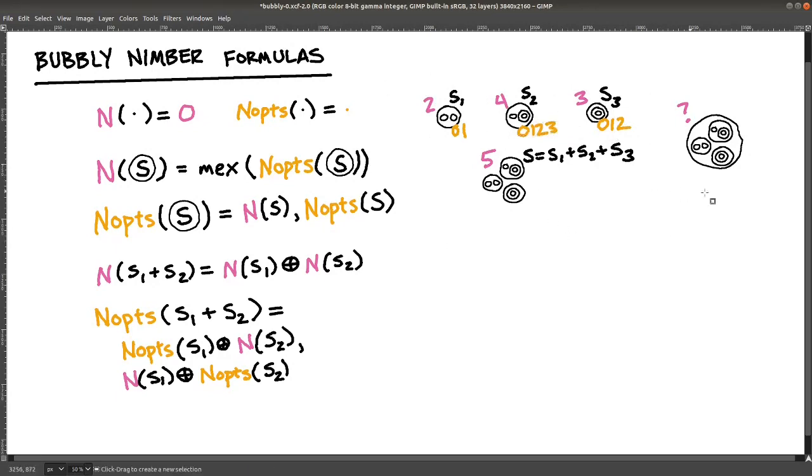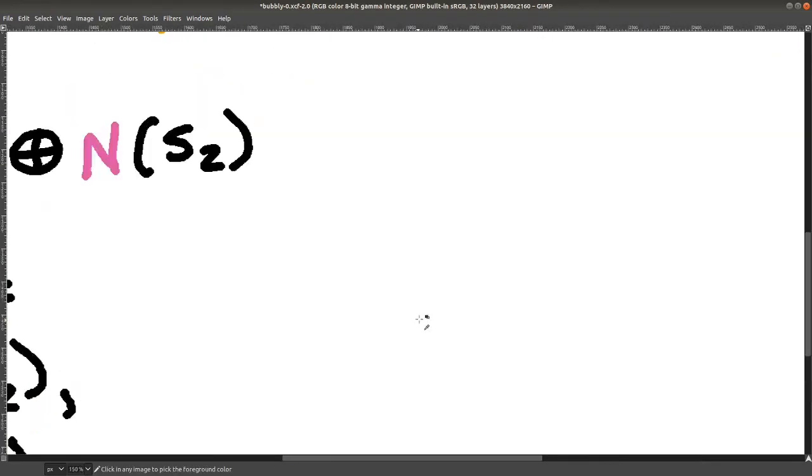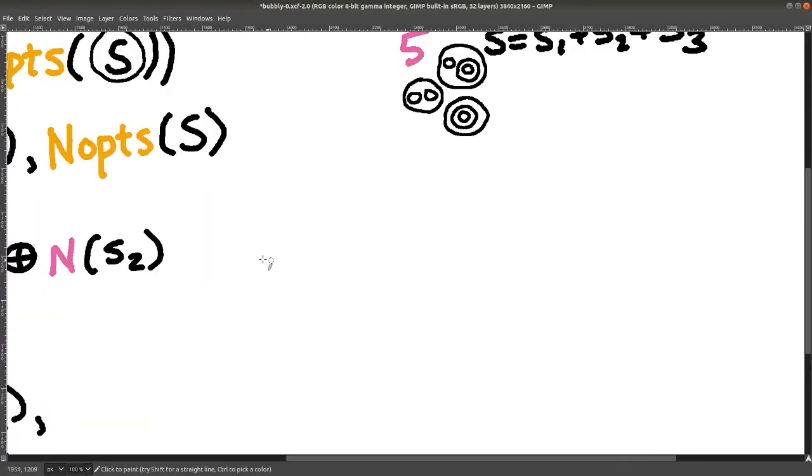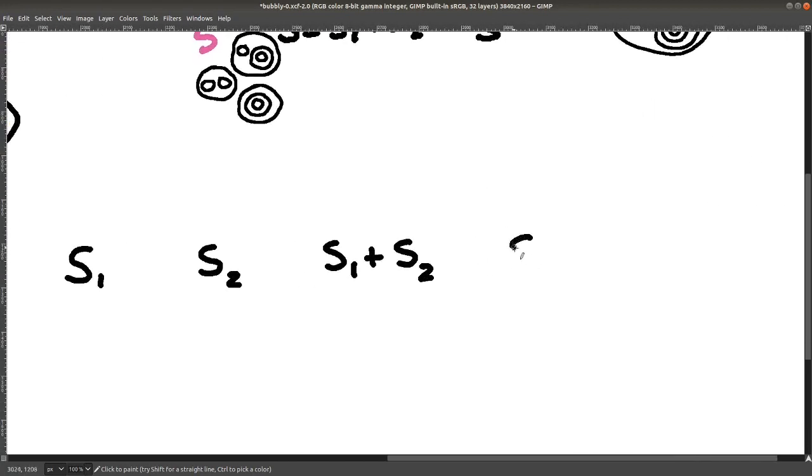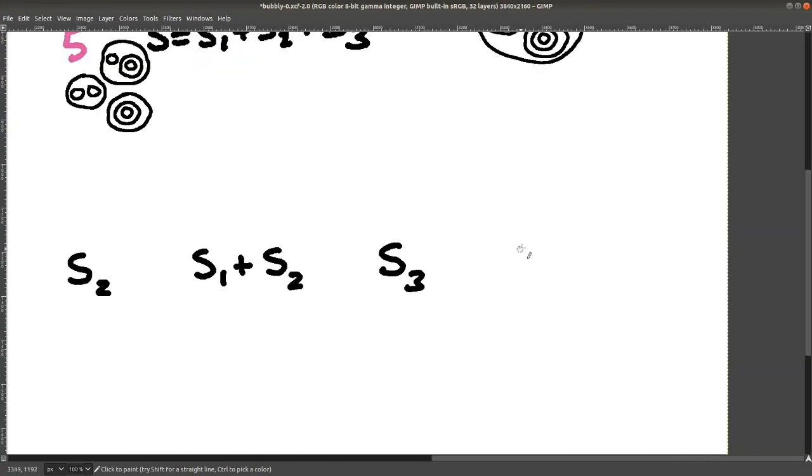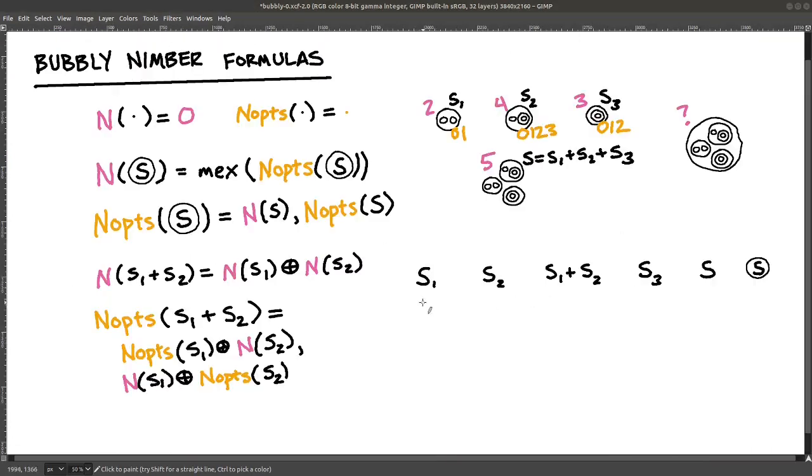So that's what we'll do. Let's make a table here. All right, then this combined state will be combined with S3. That will give us S. Two, 4.